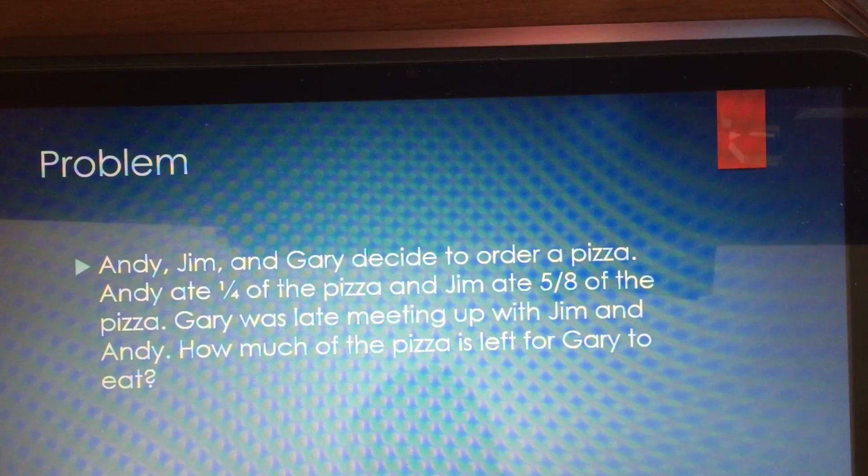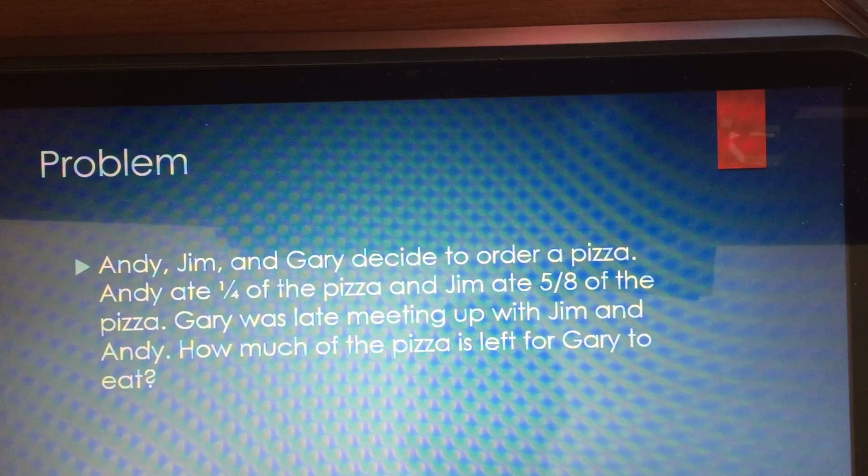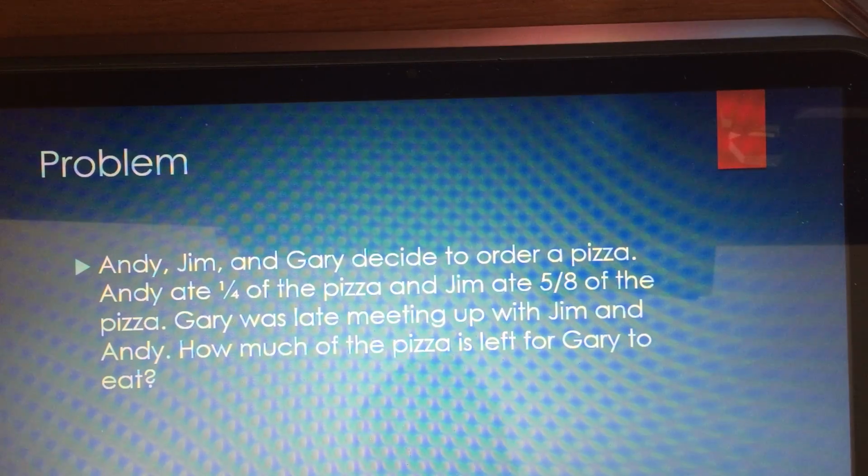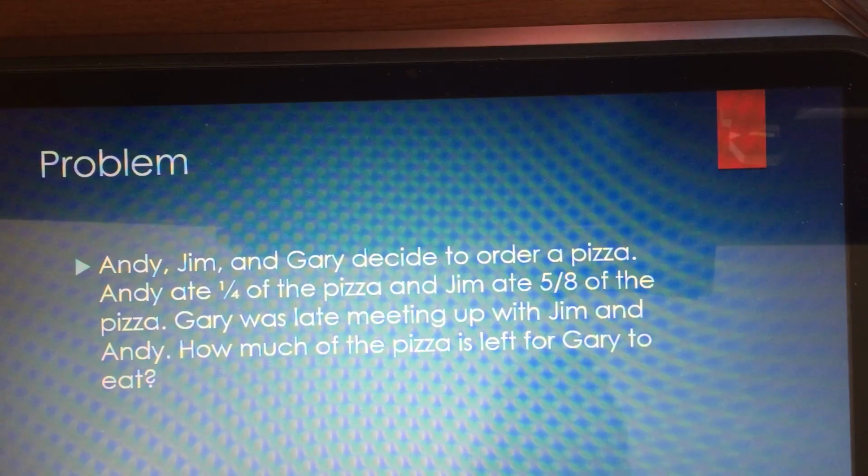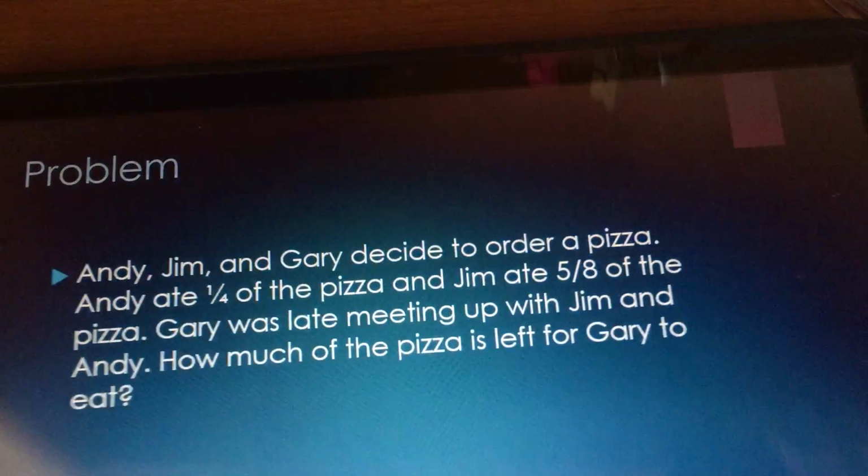So my problem is I have Andy, Jim, and Gary that decide to order a pizza. Andy eats 1/4 of the pizza by himself, and Jim eats 5/8 of the pizza. Gary was late meeting up with Jim and Andy, so how much of the pizza is left for him to eat?